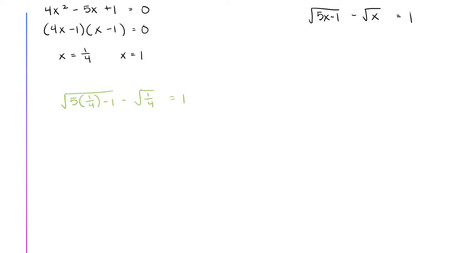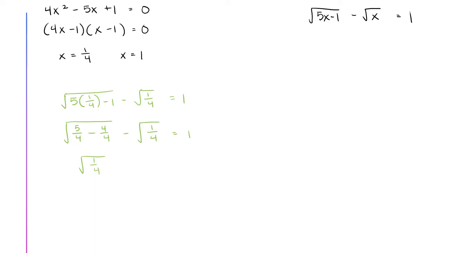So 5 times 1/4, I'm going to represent that as 5/4, and I'm also going to change minus 1 into minus 4/4, just so that we have common denominators. So we're still subtracting the square root of 1/4. If I look at that first radical, 5/4 minus 4/4, well, that's 1/4.